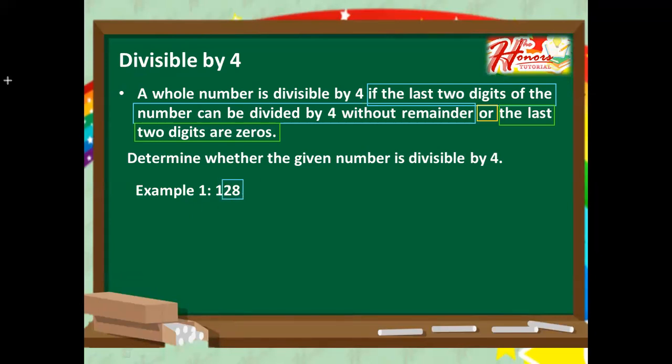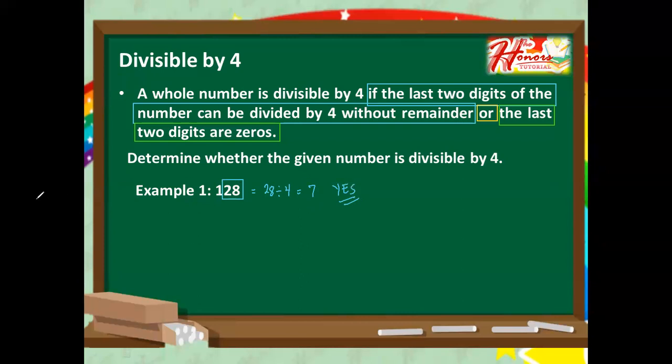So we have to divide 28 by 4. Let's do this. What is 28 divided by 4? It's 7, right? We don't have a remainder. So therefore, it is a yes. It is divisible by 4.